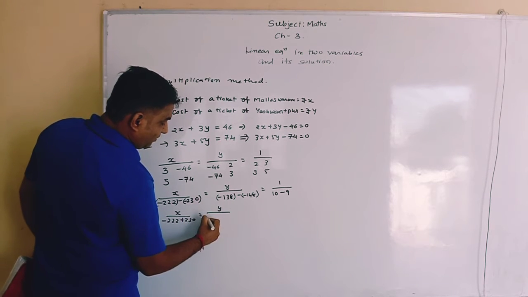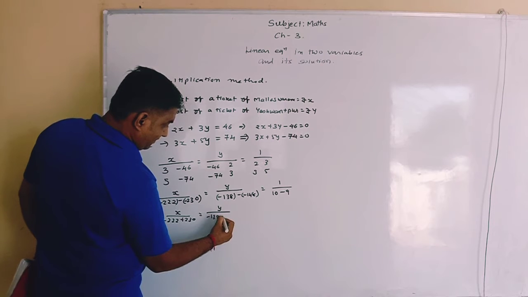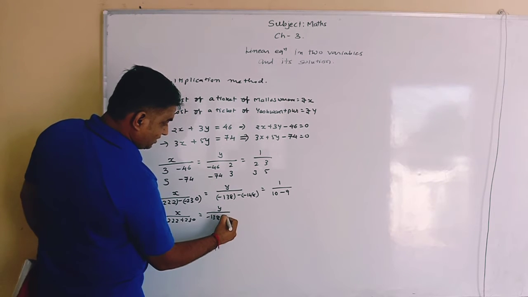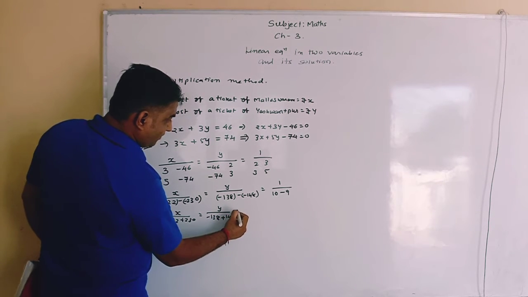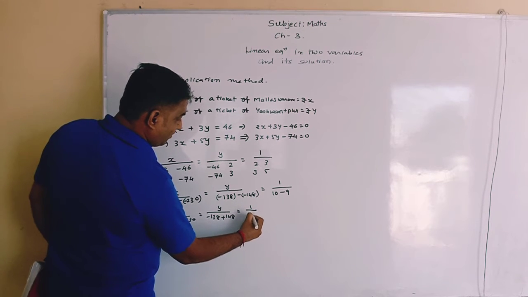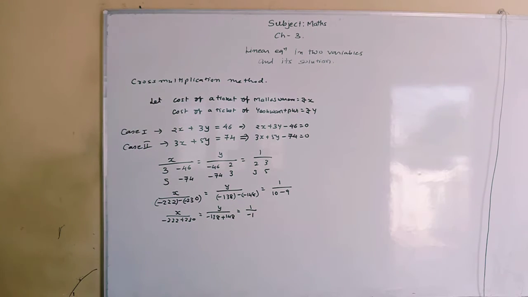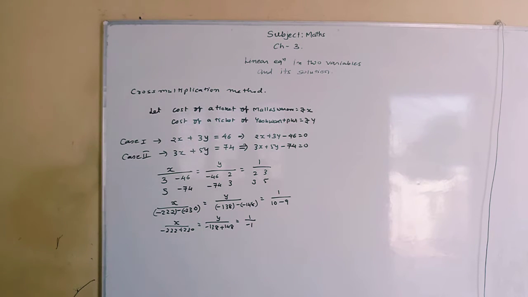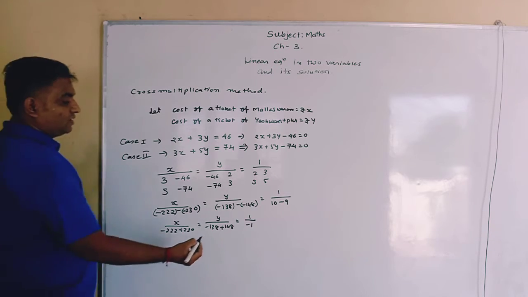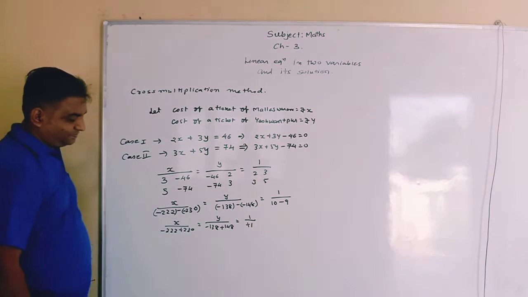Here we can get minus 138 plus 148, and here 1 minus 1. Sorry, it is plus 1.